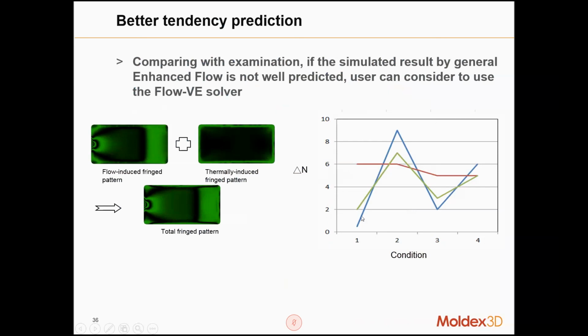You can see this blue line is our experiment data, and the red line is the traditional flow solver. It doesn't really fit the real data. And the green line is done by our VE solver. Also, this VE flow solver requires another license.